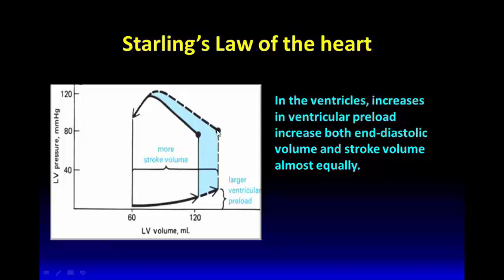So now, can you see the stroke volume which is ejected by the left ventricle has increased because the end systolic volume is the same. So more stroke volume is ejected from the left ventricle into the aorta as the left ventricle gets filled with more blood in the diastole which precedes systole.